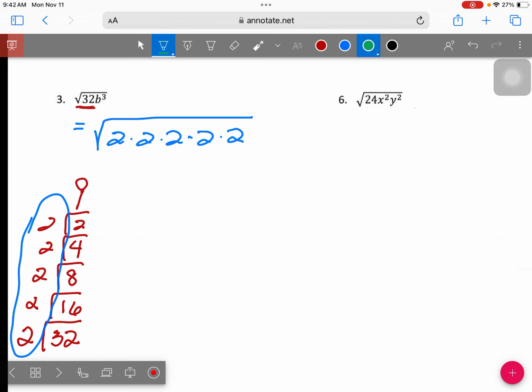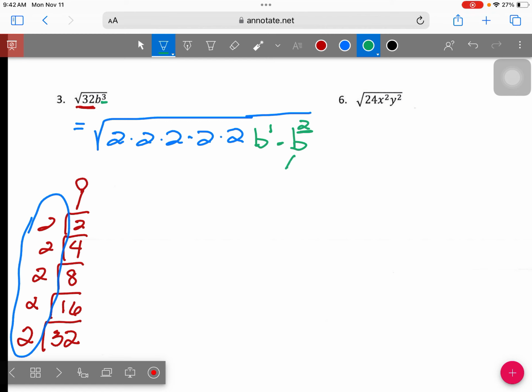That is an odd number, so I'm going to change that to b to the 1st times b to the what? What's this exponent going to be right here? 2, right? Because when you multiply powers that have the same base, you add the exponents. And 1 plus 2 gives you the 3.